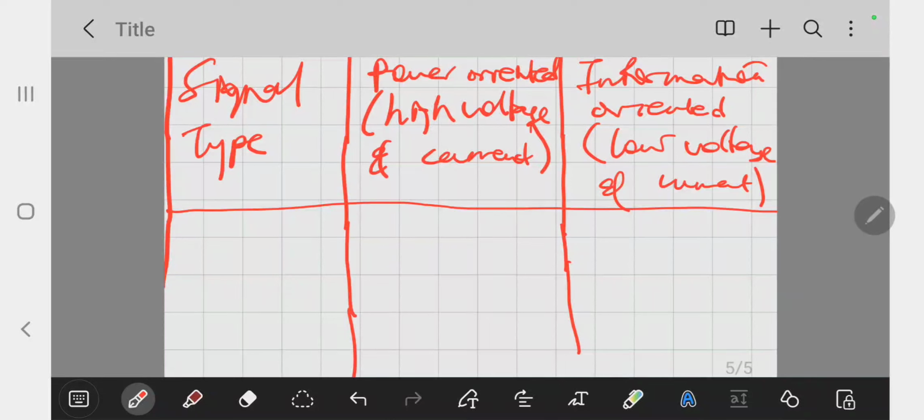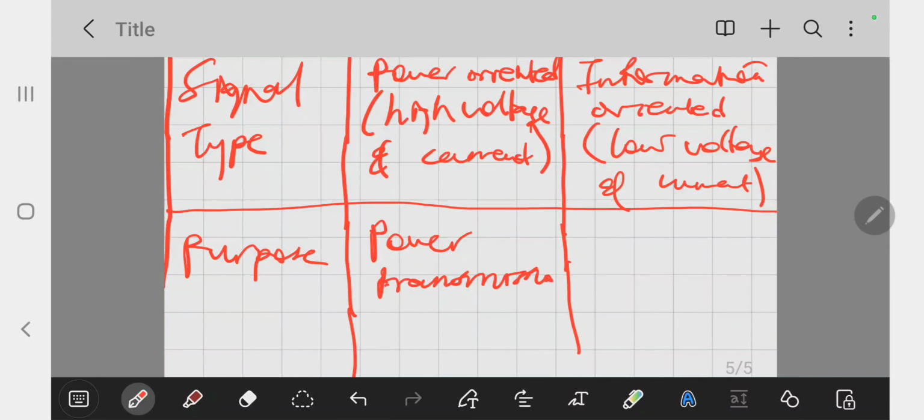Another thing we want to look at is the purpose of the electrical circuit or the electronic circuit. An electrical circuit, in most cases, 90% of the time, is designed for power transmission. That is why we design electrical circuits.